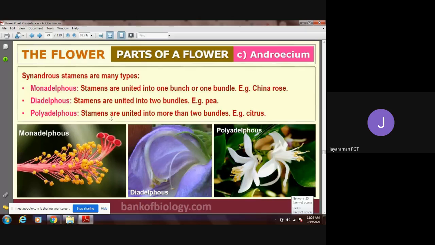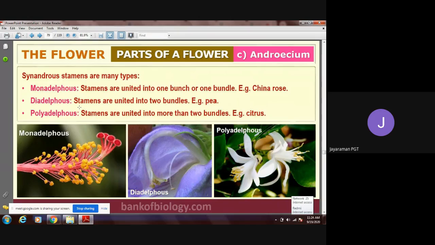Next one is monoadelphous. In the synandrous fused stamens, there are three types: monoadelphous, diadelphous, polyadelphous.